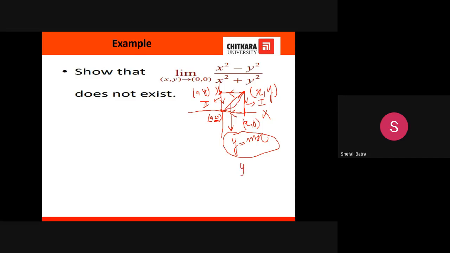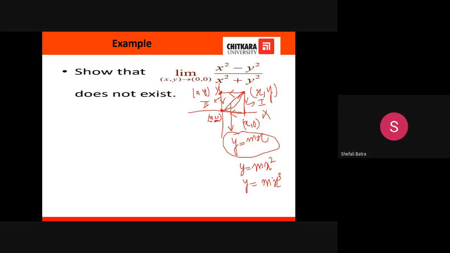And for the parabola, I'm writing y is equal to mx square. Does this point satisfy this? If x is equal to 0, then y would be 0. Yes or no? Yes, ma'am. Similarly, if I'm saying y is equal to mx cube, then again it is possible.